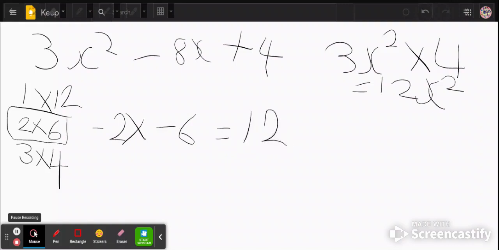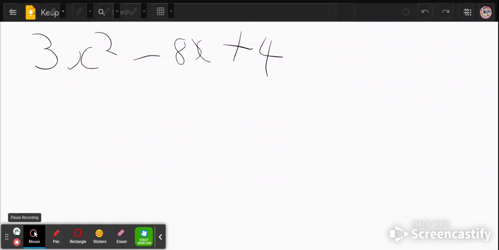As you know, a negative times a negative gives you a positive, and when you add them, negative 2 plus negative 6, you'd get negative 8. So therefore these would be our factors: negative 2 and negative 6, right?